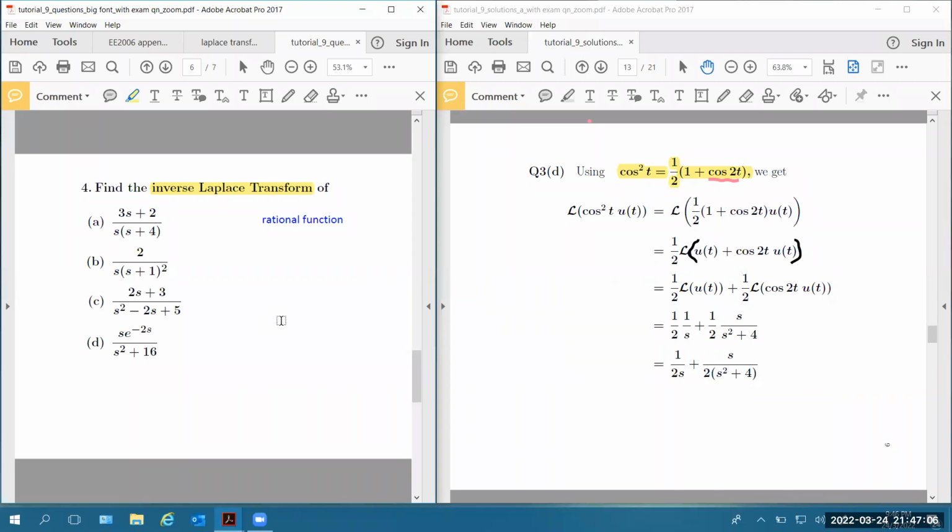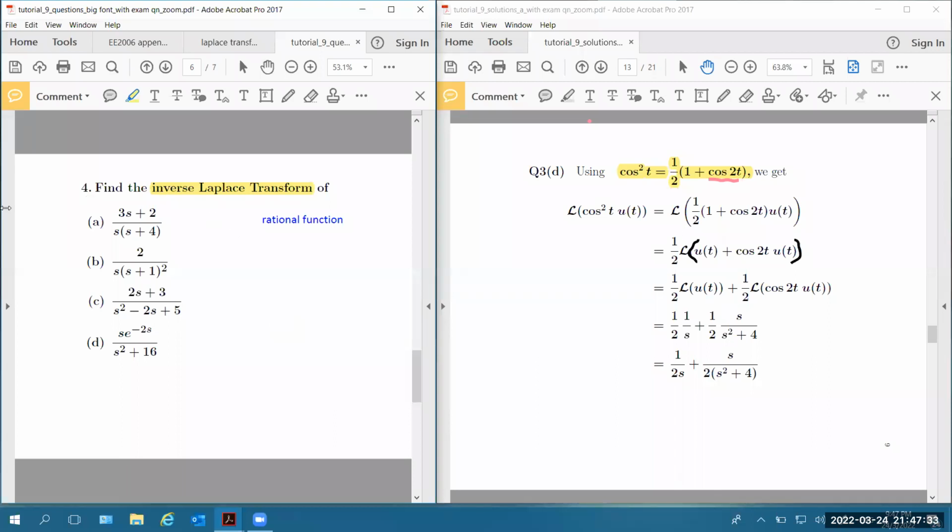Completing the square is actually called plan B. And plan A is what? Partial fraction. Yeah, it is. Did Prof still call it plan A, plan B? Not sure, I think he didn't. So you all figure it out yourself, right?